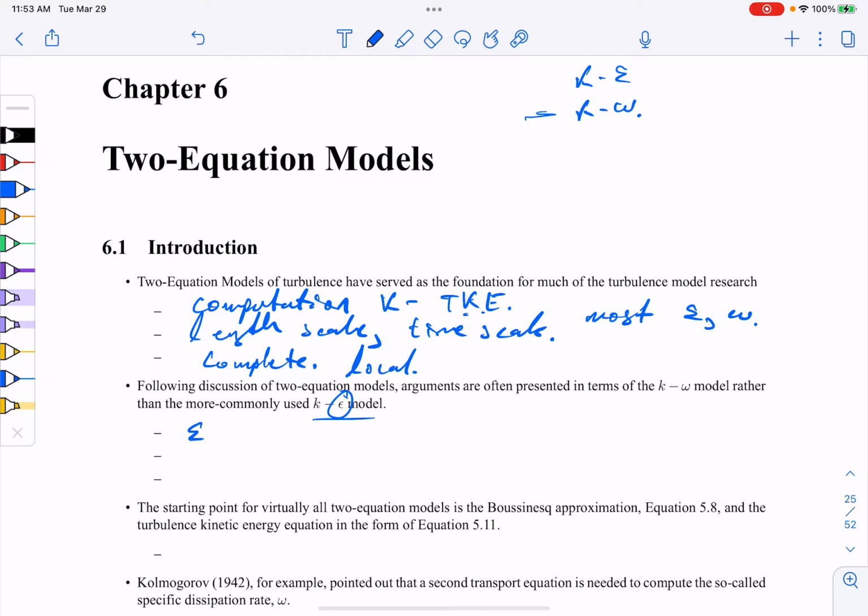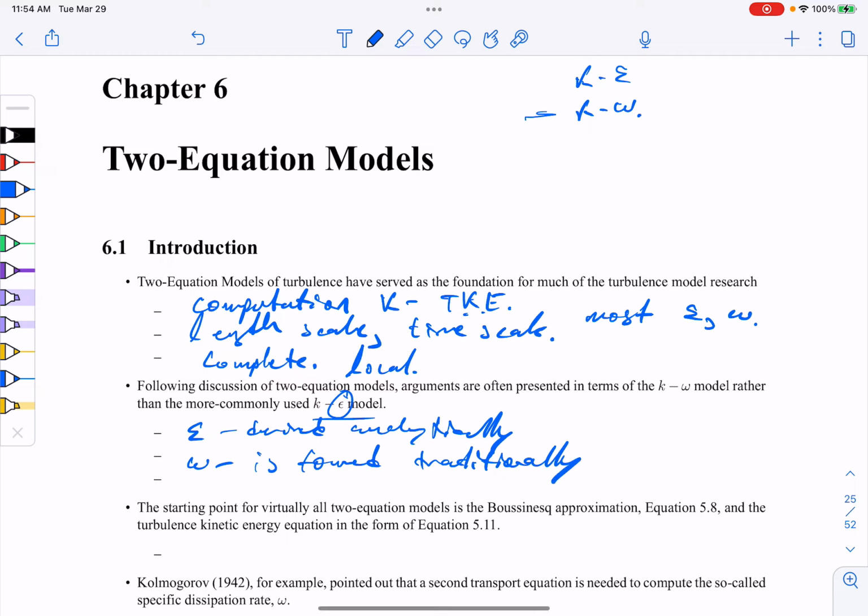So I'll just note that epsilon can be derived analytically, and omega is formed traditionally by dimensional analysis.